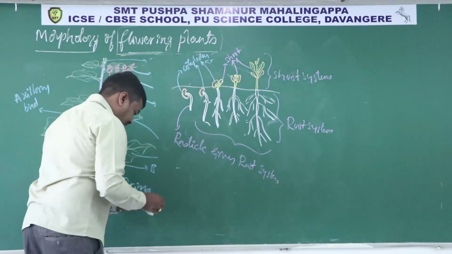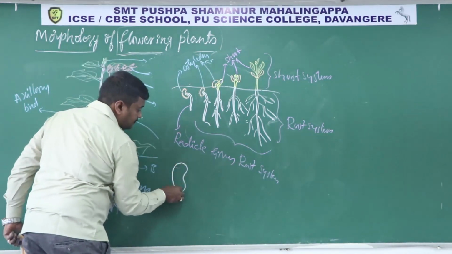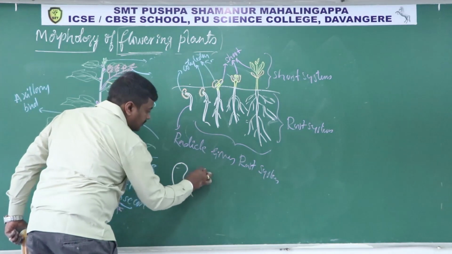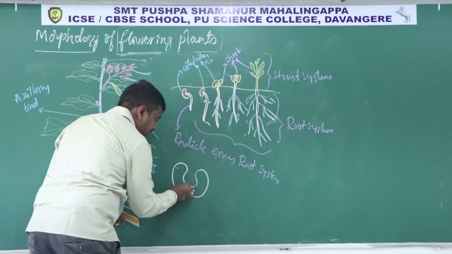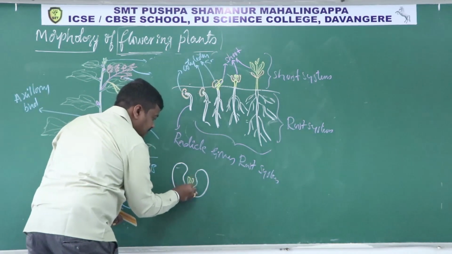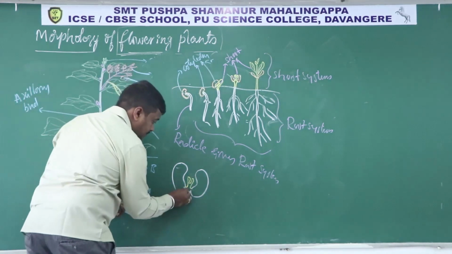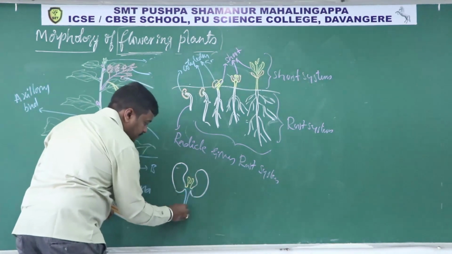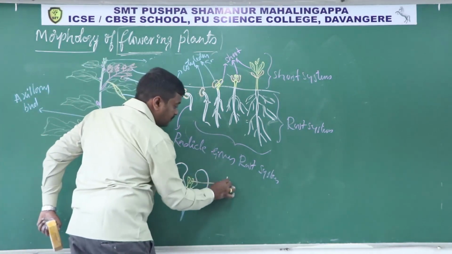I already told that if you split it, you can observe some structure like this. So here this is the plumule.